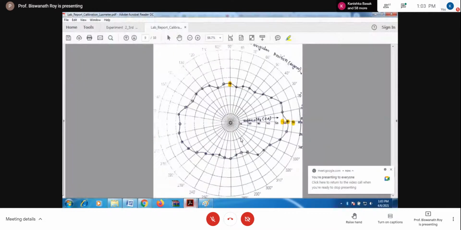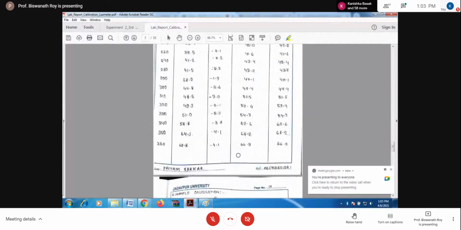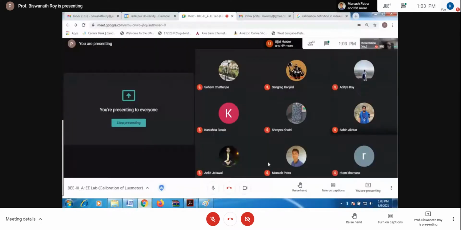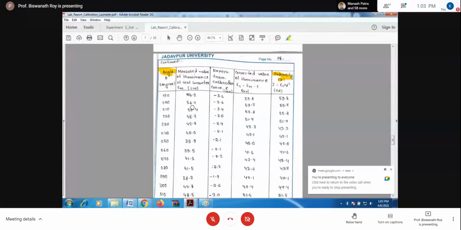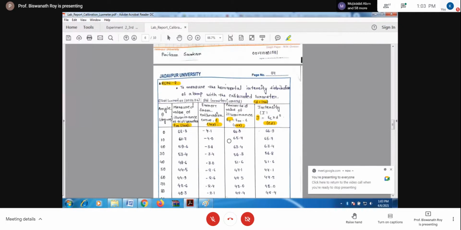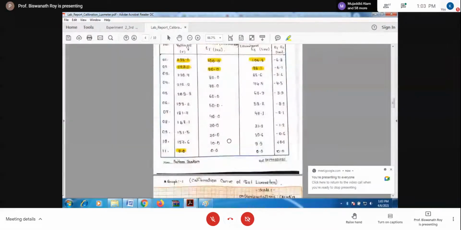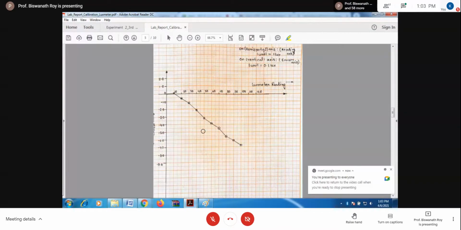Yes. Say, for example, the measured value is 40. From the calibration chart, we know the error for 40, so for 40 it is not required to consult this graph.